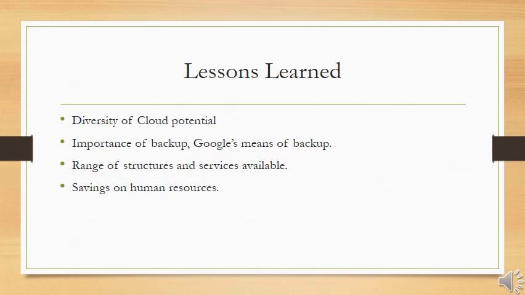Some of the more interesting lessons I learned through this research were, apart from the multitude of models available in cloud and just how expandable the infrastructure is, the matters that Google encountered when they uploaded a bug to their servers, and the fact that they used tape, which is quite an old means of data backup, to keep copies of all their information. And the huge savings that organizations can achieve through the automated nature of cloud systems.